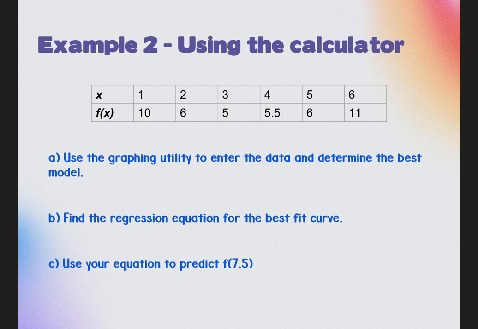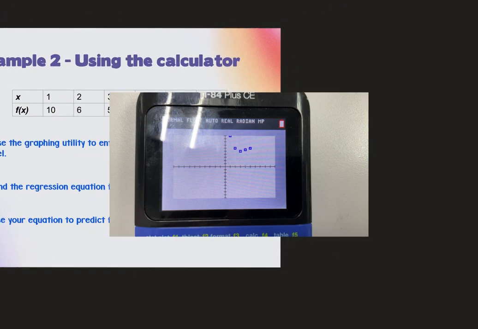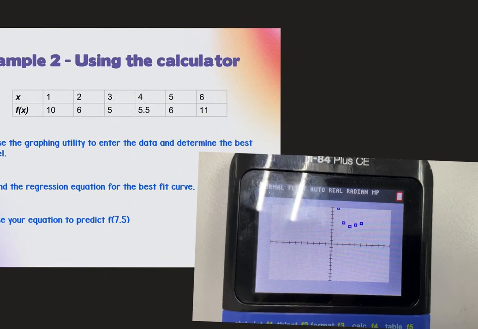Stat. So I'm going to stat. I'm going to edit. And in these columns, you should see your data still, right? If you go up and highlight L1, if I highlight L1 and I hit clear enter, it's going to clear all of L1.